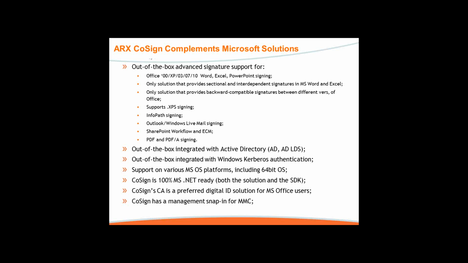Out of the box, you get integration with Active Directory and Microsoft's Kerberos authentication. We support multiple OS platforms, including 64-bit OS. Our APIs are 100% compatible with .NET. We also are the preferred digital signature solution for Microsoft Office users, and we have a snap-in for Microsoft Management Console.